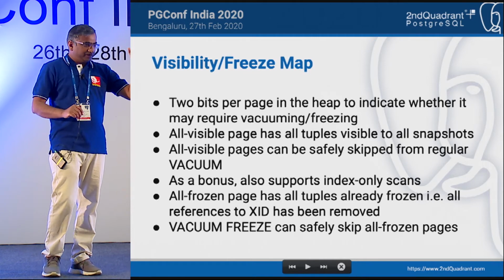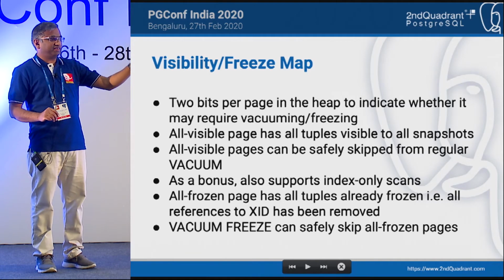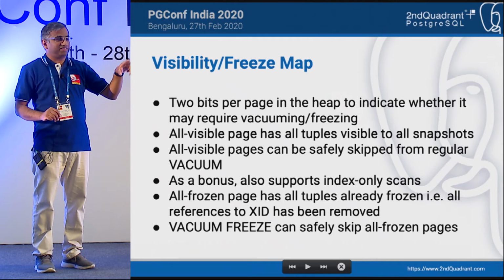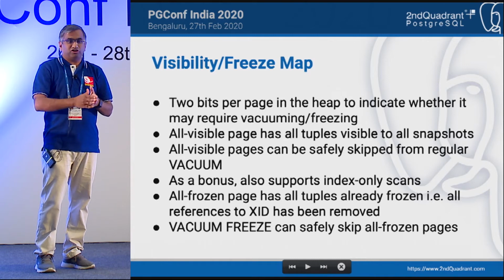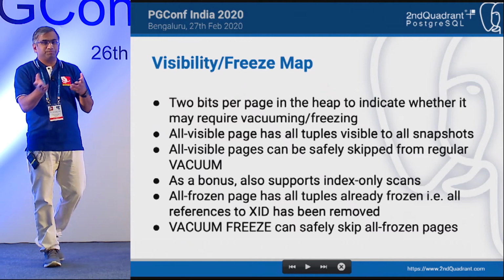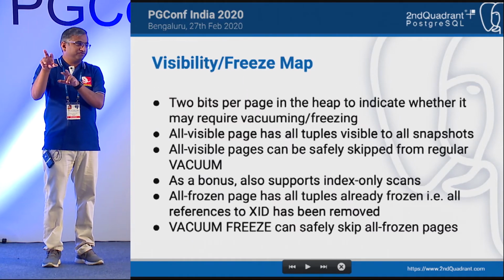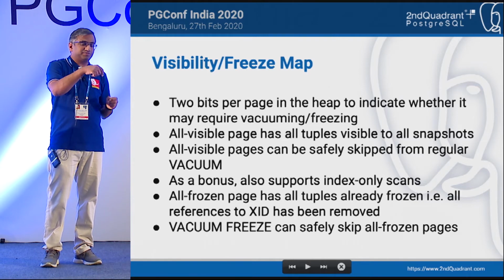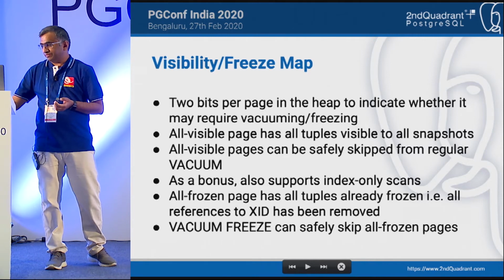And in that bitmap, what we store is whether a given block in a table requires any vacuum operation. So if all rows in that block were frozen by the previous vacuum operation, we mark that block as all frozen, and then the subsequent vacuum operation doesn't have to ever scan that block again.